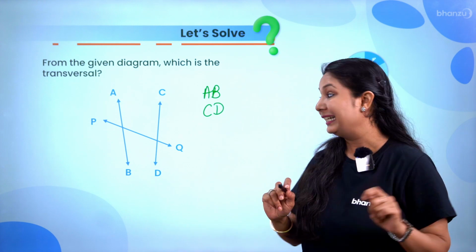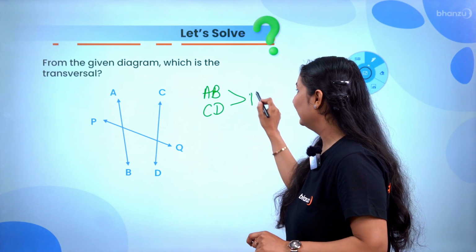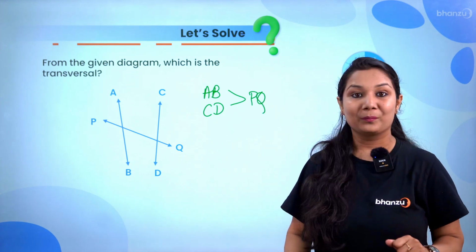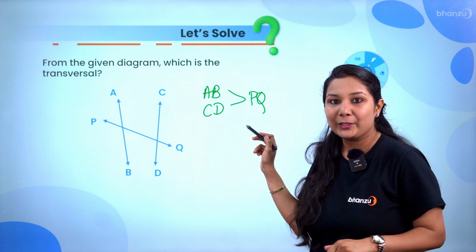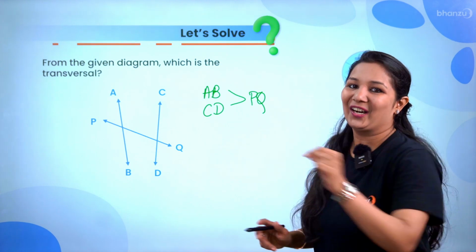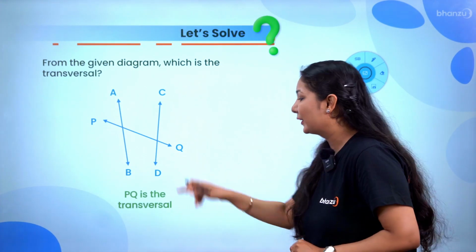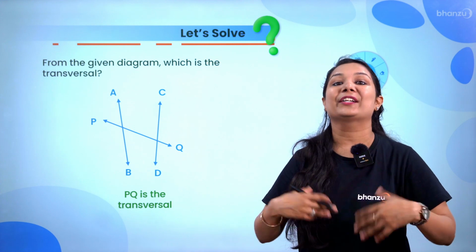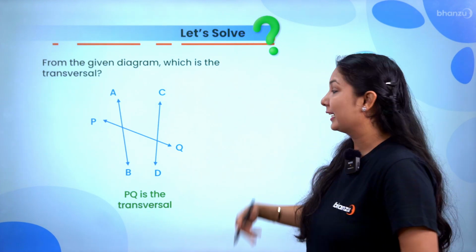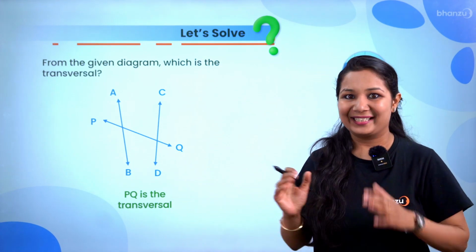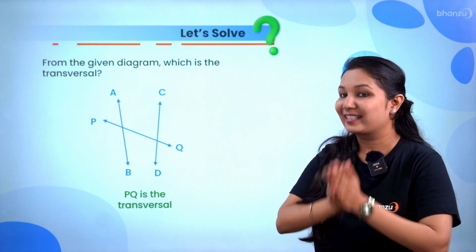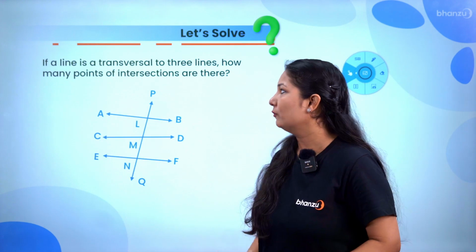And they are intersected by a common line, that is PQ. So which is the transversal, AB, CD or PQ? Yes, you got the concept right. It's PQ. So PQ is the transversal which is intersecting two different lines, that is AB and CD. Clear everybody? Great. So let's move ahead to our next question for the day.